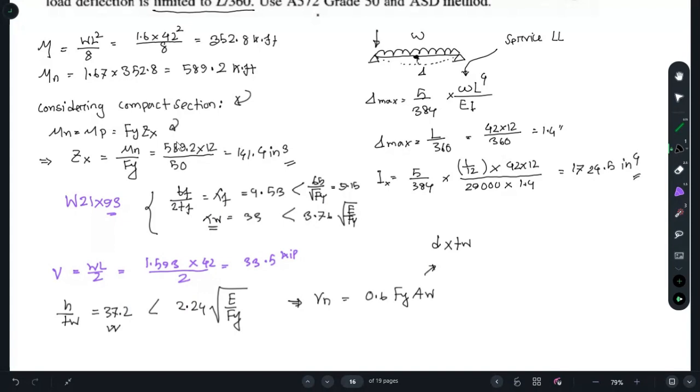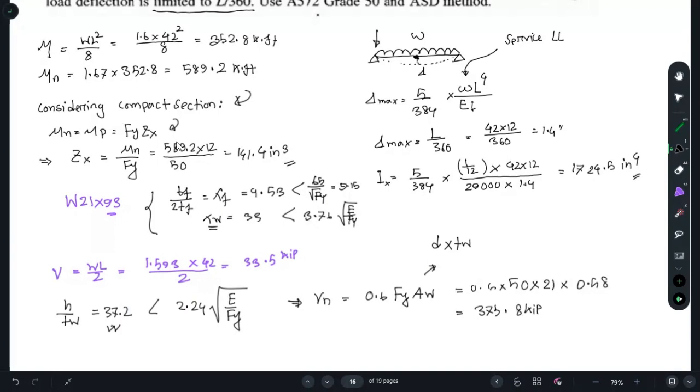So the nominal shear would be 0.6 times fy value of 50, and the depth is 21 inch. It is 21.6 inch, but you can use 21 inch, no problem. The thickness of your web is 0.58. You can find it in the AISC manual. I will not open it right now because it takes time, and you'll get a value of 375.8 k.